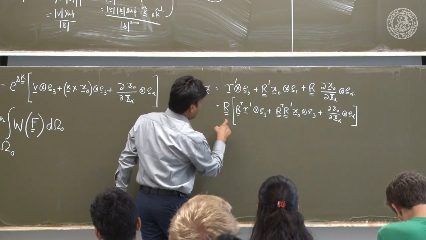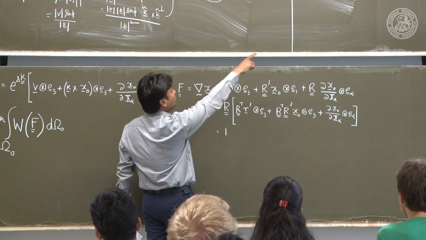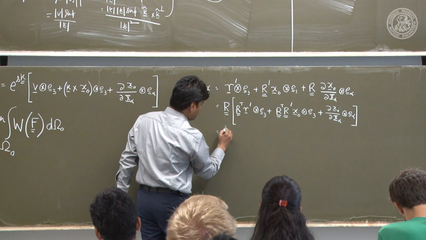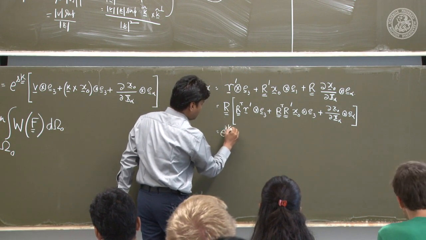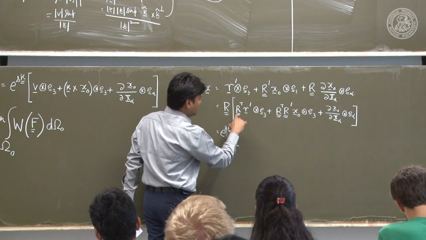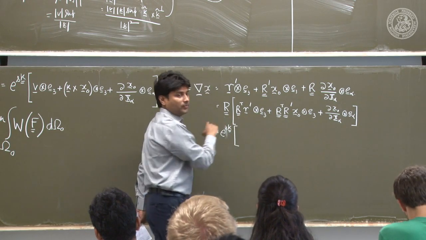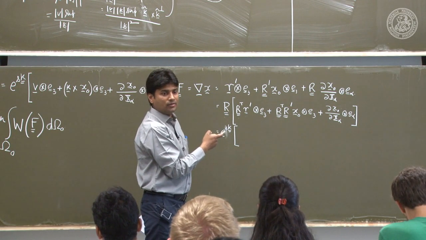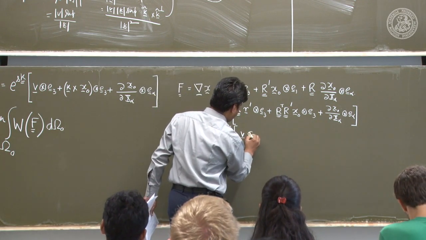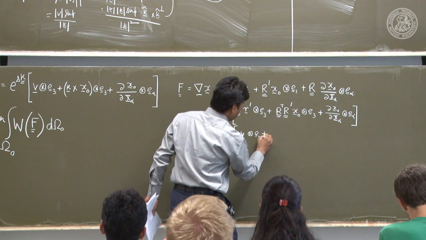That is it. And then big R, we know it is e to the power s k, right? E to the power s k times, and what is big R transpose little r prime? That's your strain V. What is this?